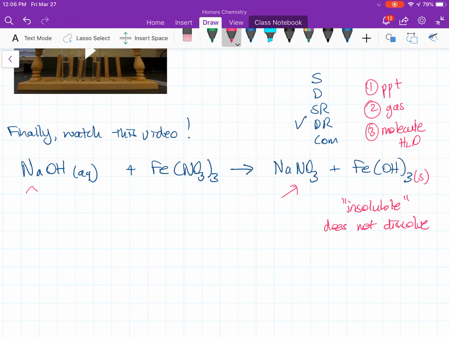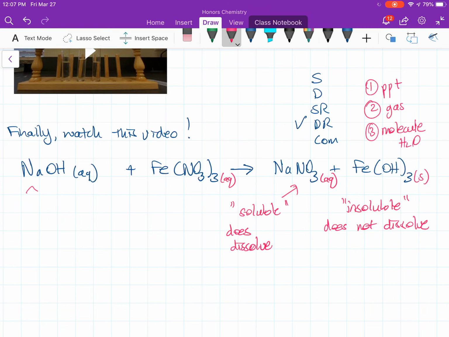And then we look at this one. Most nitrates are soluble, if you look at your chart. And remember, if and when we have a test, you'll be allowed to use that chart. Soluble means it does dissolve. That means this one is going to be AQ for aqueous. And this one was aqueous. We mixed two aqueous solutions together.